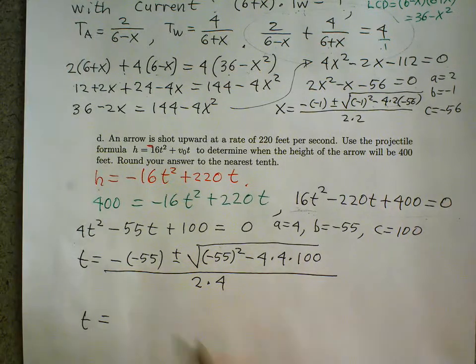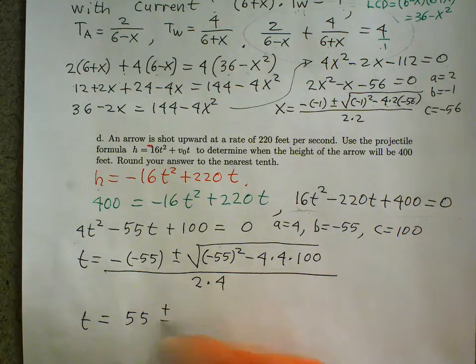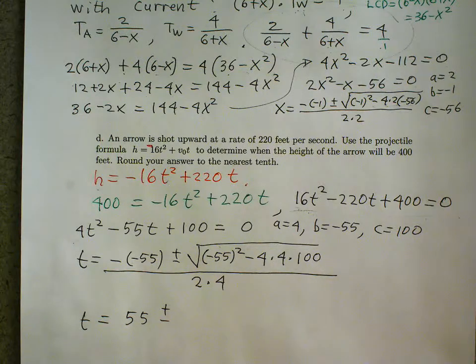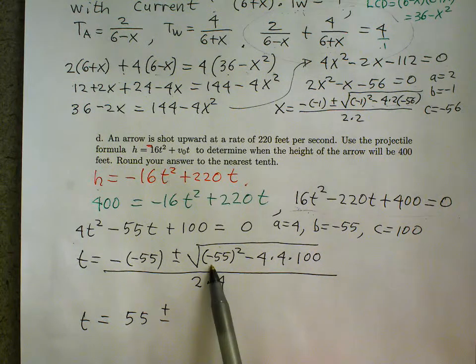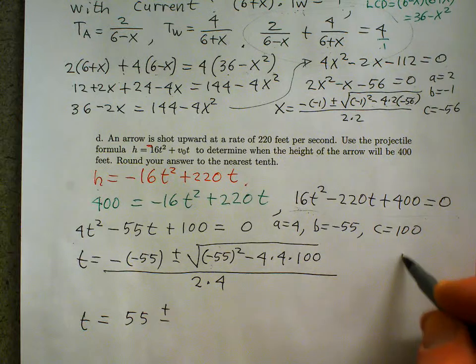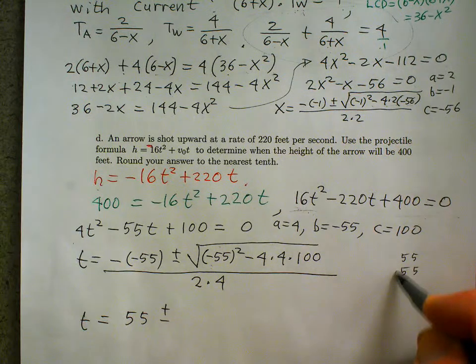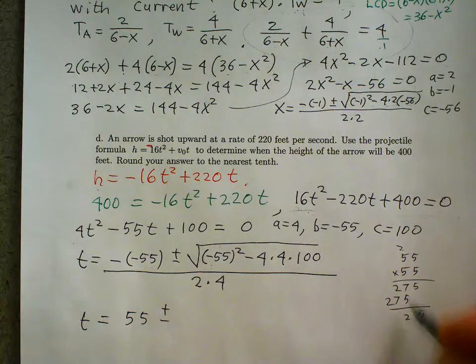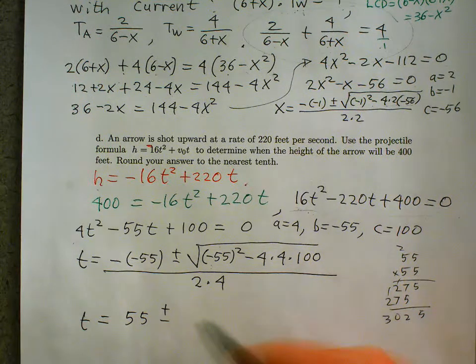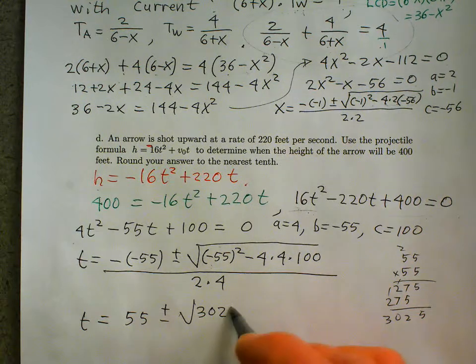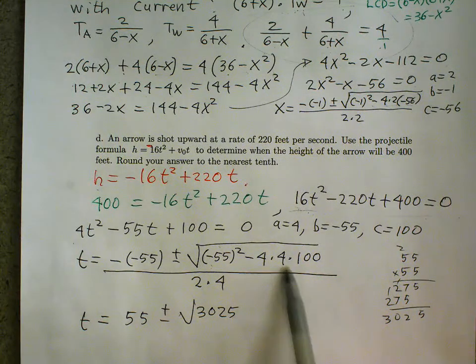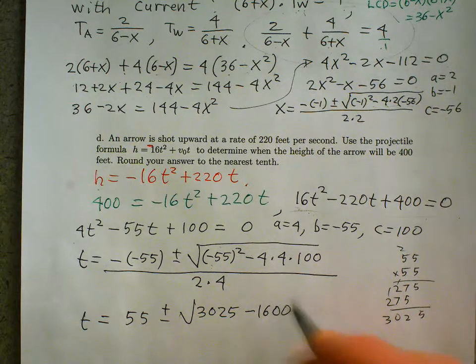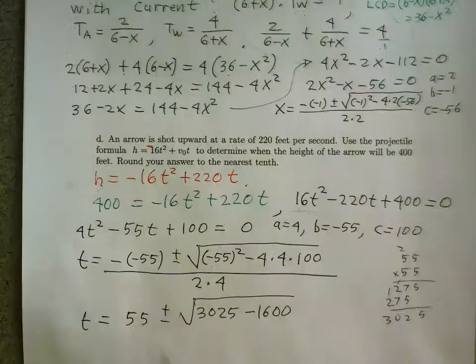So t equals positive 55 plus and minus the square root of negative 55 squared. That's 3,025. And then subtract 1,600. And then divide it all by 8.